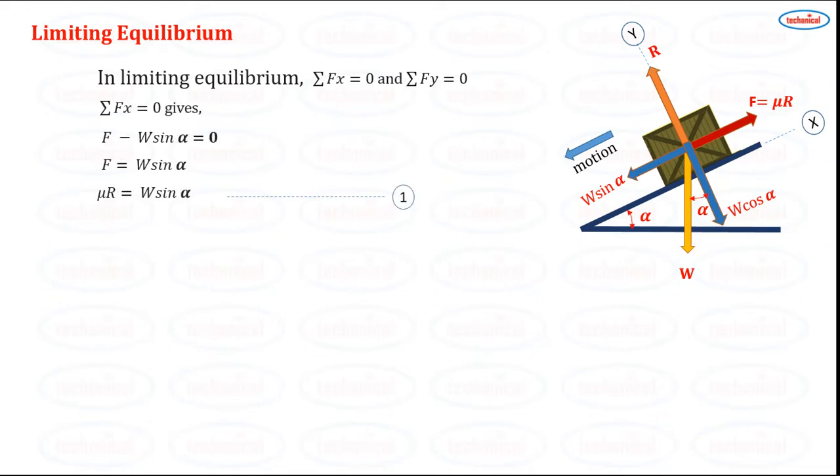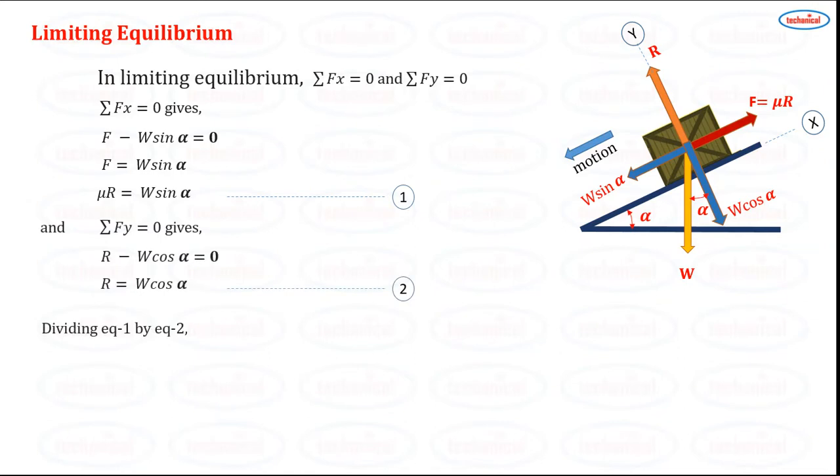Sigma Fx equal to 0 gives F minus W sin alpha equal to 0. It gives F equal to W sin alpha. Substitute the value of F. Mu R equal to W sin alpha. Consider this equation as number 1.